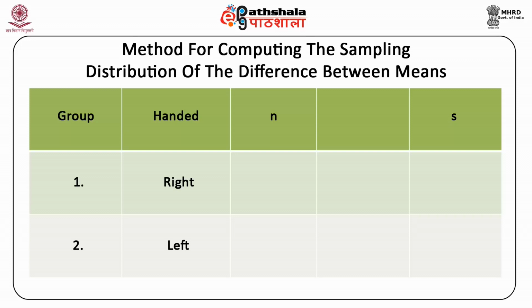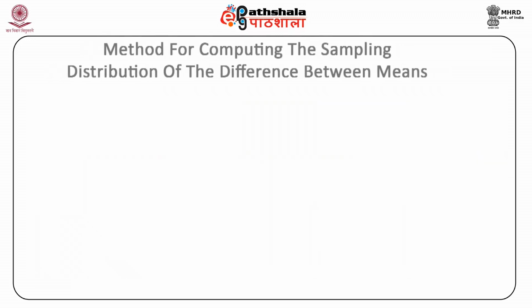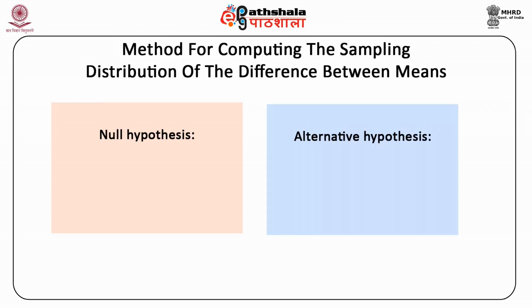The mean of the right-handed group is 55.8 and that of the left-handed group is 59.3. Here we have the null and alternative hypotheses: the null hypothesis H naught is mu1 is equal to mu2, or H naught: mu1 minus mu2 is equal to 0.